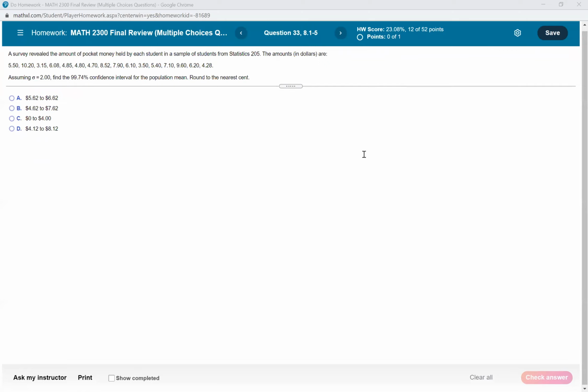Sorry, this is the course number. We collected a sample here, assuming sigma, the standard deviation, is 2, and we have to find the 99.74% confidence interval for mu.